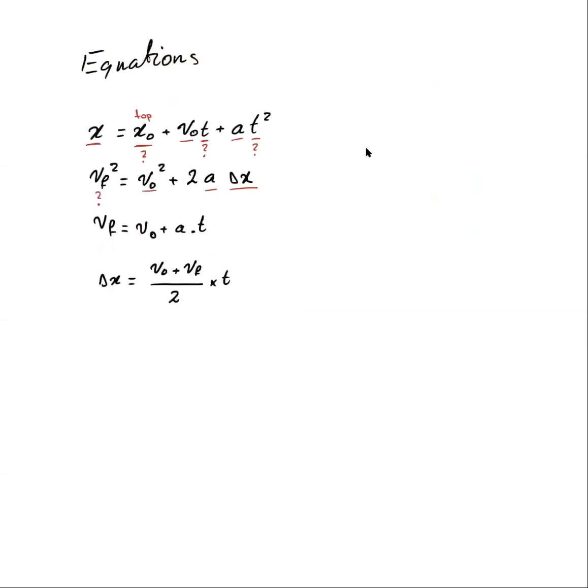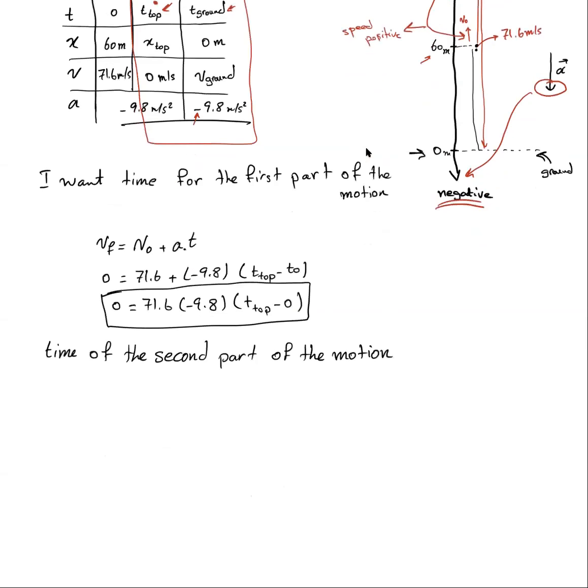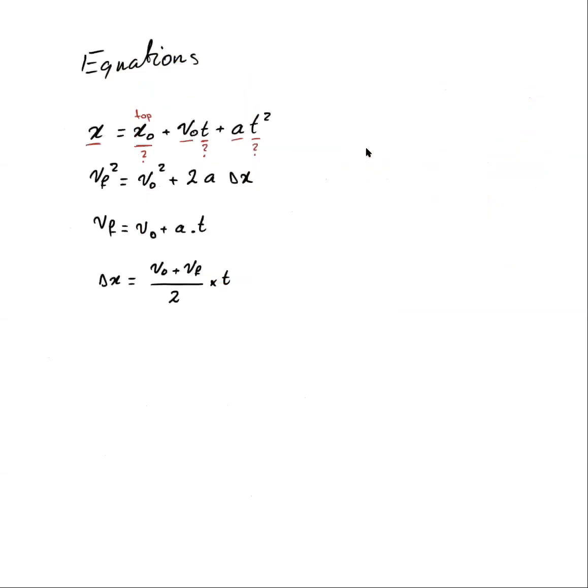So the solution to this is to go back and find x top right here, and that will make one of the unknowns in this equation known.